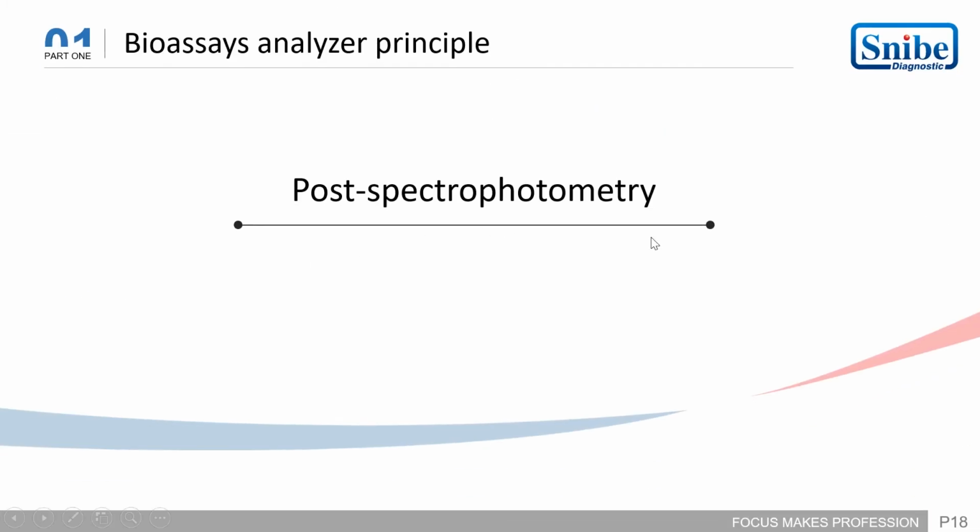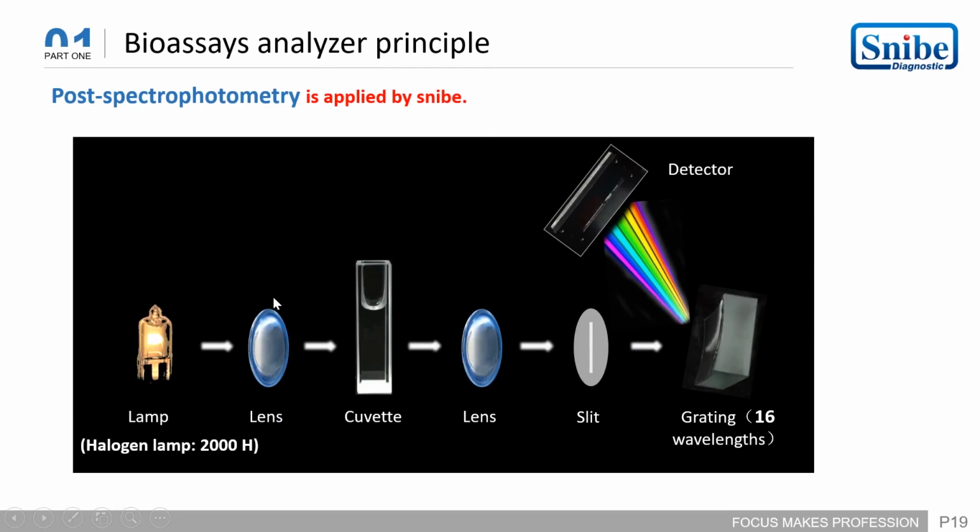Post-spectral photometry: the light will get through the cuvette first, then the wavelength selector, then the detector.